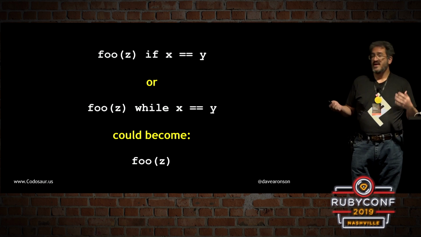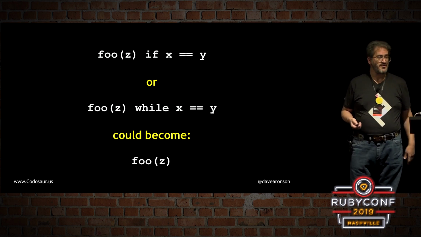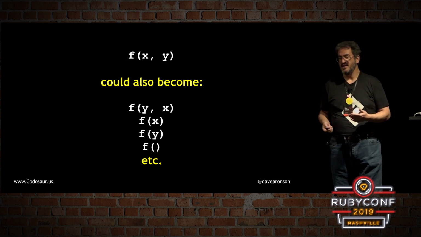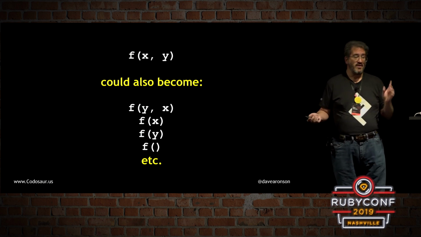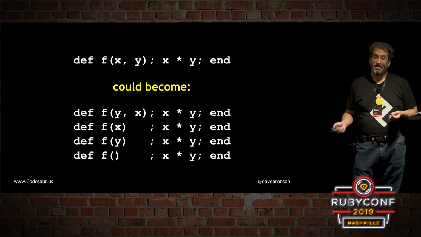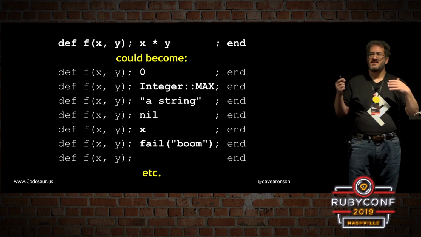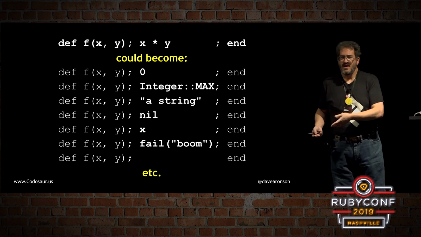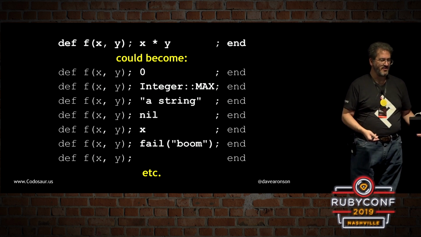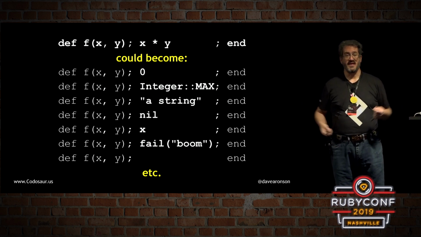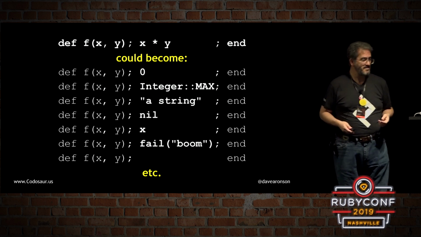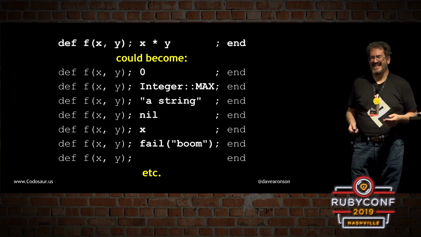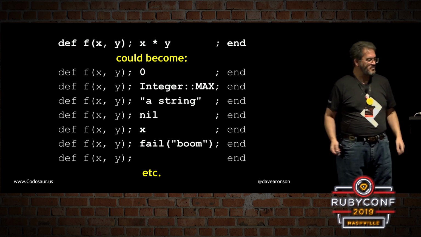It could remove a condition or a loop control. It could scramble or truncate arguments in a method call or a method declaration. It can replace a method's entire body with just a constant or either of the arguments, or raising a deliberate error, or nothing at all if the language permits, like Ruby does. There are many, many more kinds of changes it could make, but I think you get the idea by now.